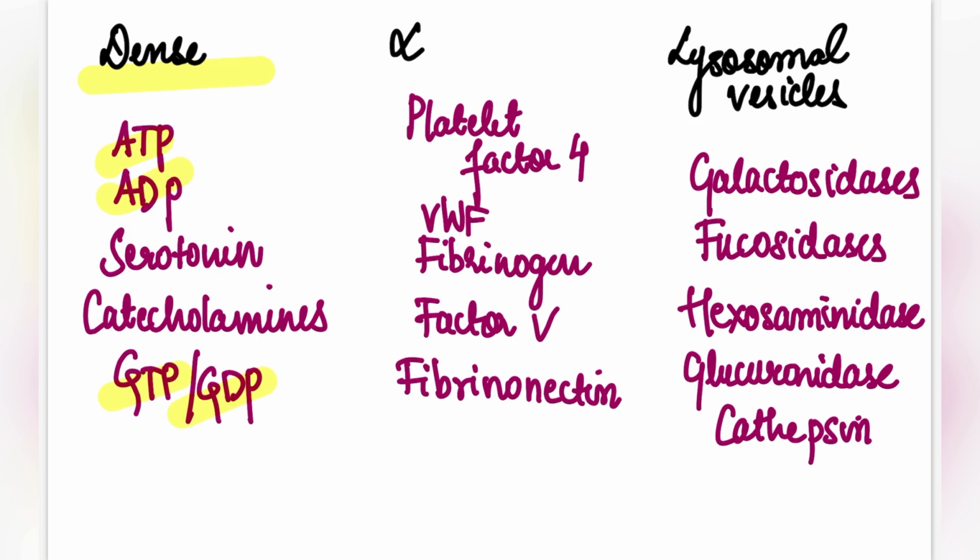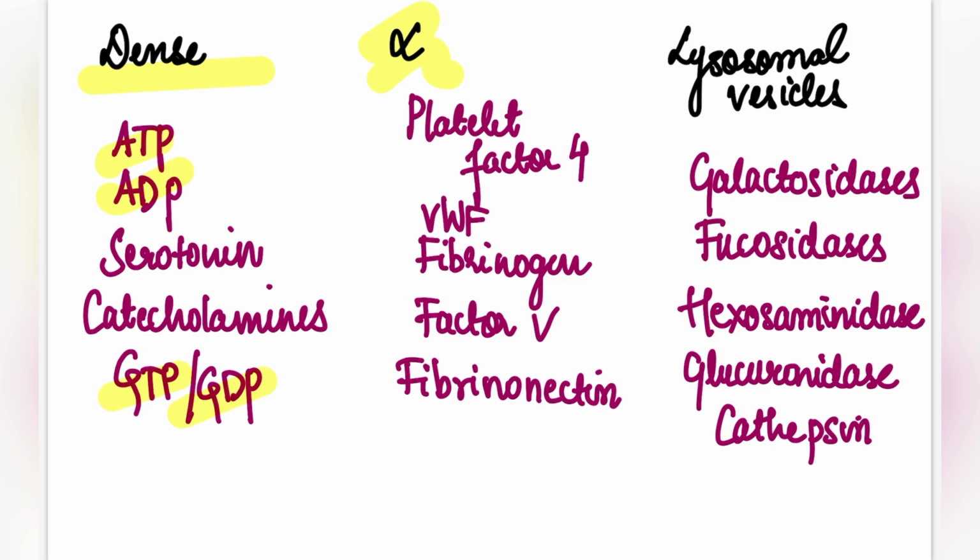That completes the dense granule secretions, followed by alpha. What do alpha granules have? You'll have platelet factor 4, von Willebrand factor, fibrinogen, fibronectin, and factor 5. Everything which starts with F, you can put it here: platelet factor 4, factor 5, von Willebrand factor, fibrinogen, and fibronectin. That finishes alpha, and then we have lysosomal vesicles.